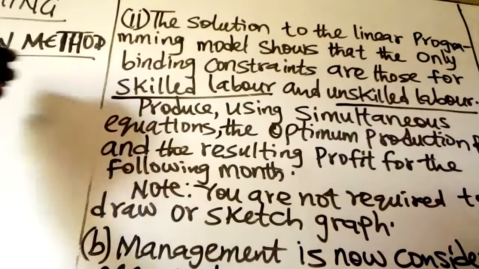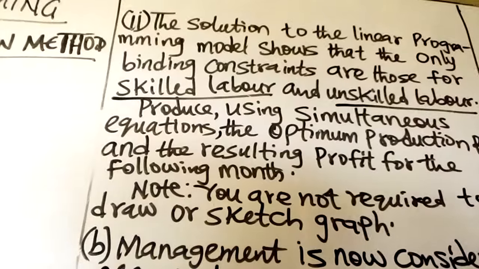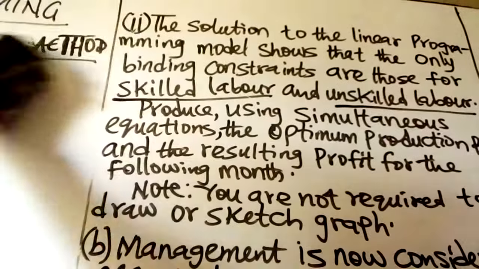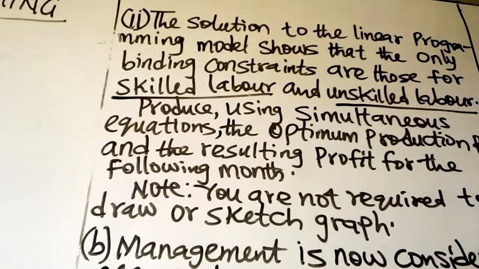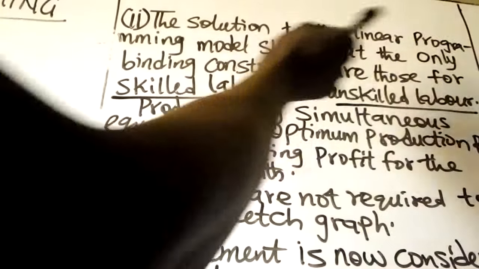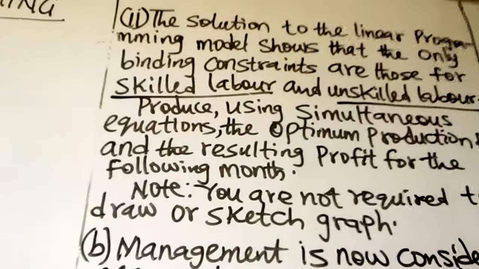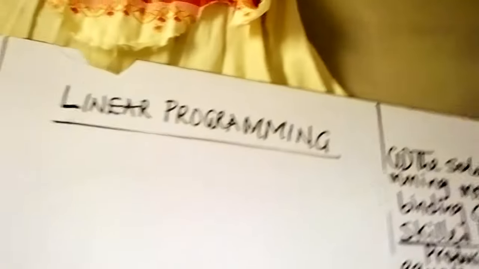What you should do from here is to solve the binding constraints simultaneously. You have been told that the binding constraints are the skilled labor and the unskilled labor. So you want to solve that simultaneously.